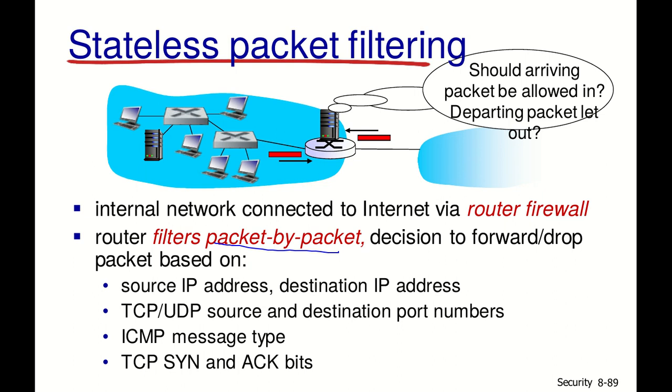For example, it can only decide whether to forward or drop a packet based on source and destination IP address, TCP or UDP source and destination port, ICMP message type, or TCP SYN and ACK bits. But this type of firewall cannot make correlations across a series of packets.